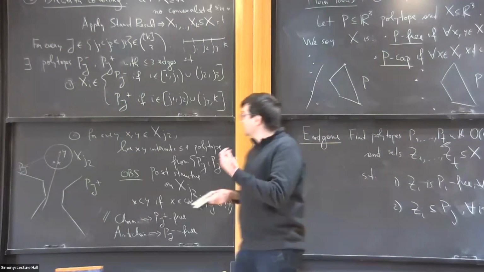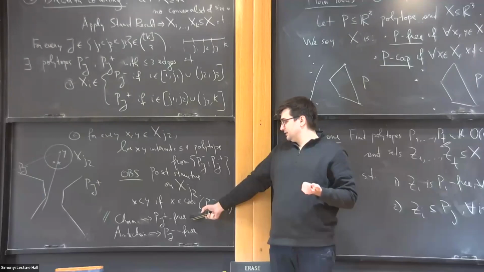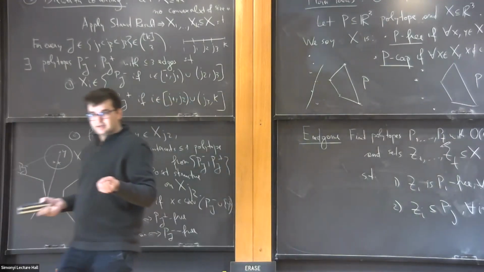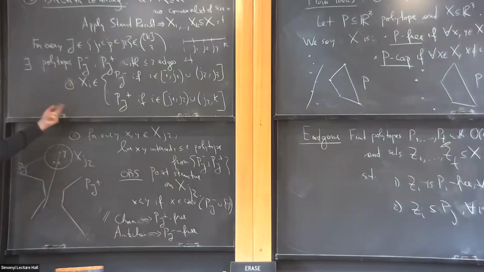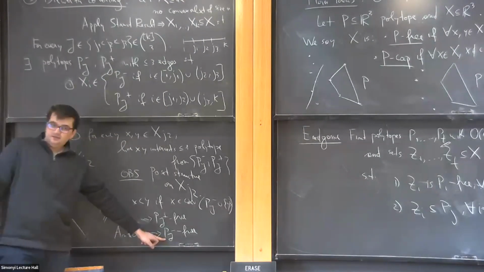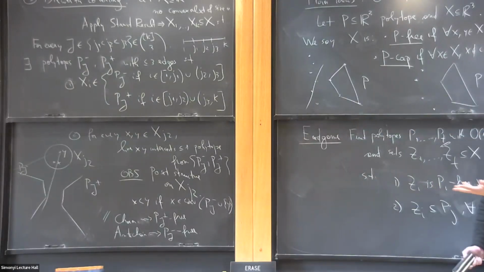We color it red if it has a PJ plus free set of size root xj2, or blue if it has a PJ minus free set of size root. So this is a well-defined coloring. Apply Ramsey's theorem, find a monochromatic clique.